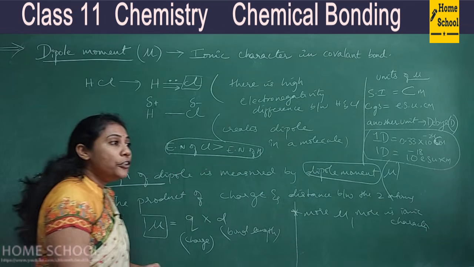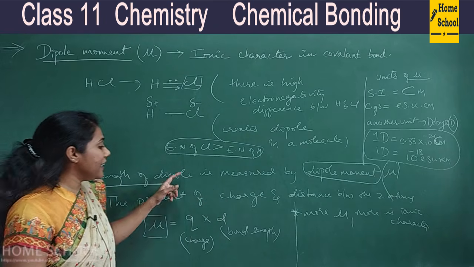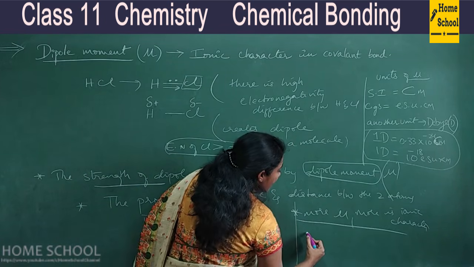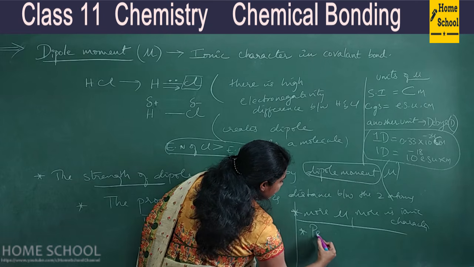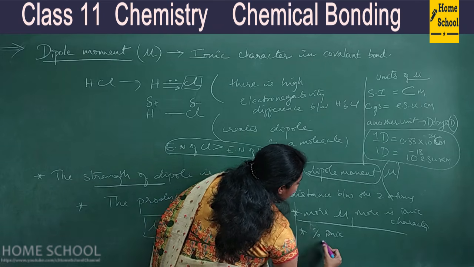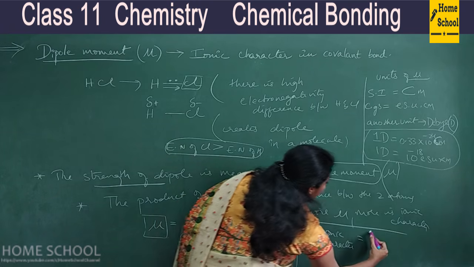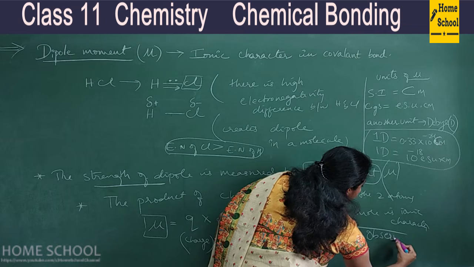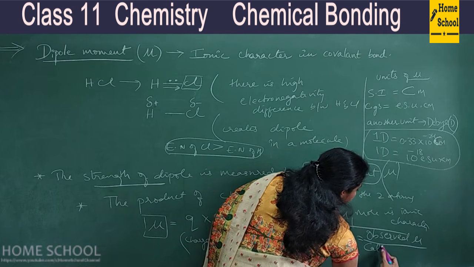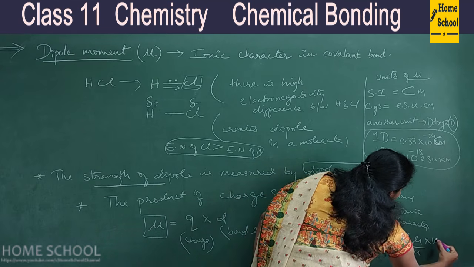And now we can actually calculate the percentage ionic character that is there in a covalent compound. So take down that formula. If you want to find out the percentage ionic character in any covalent compound, the formula is observed dipole moment divided by calculated dipole moment into 100.